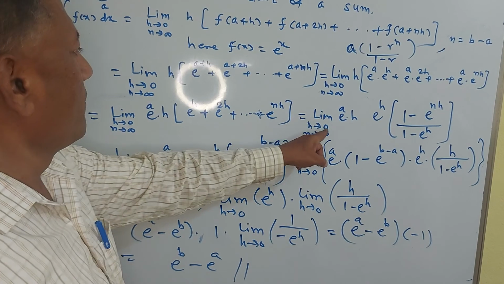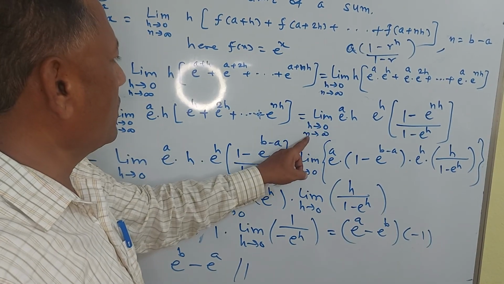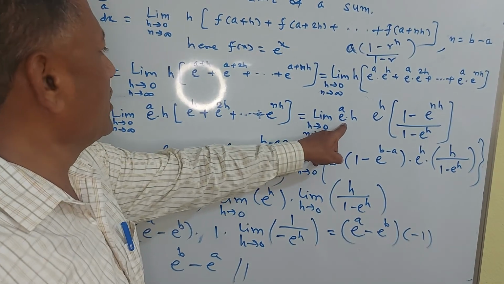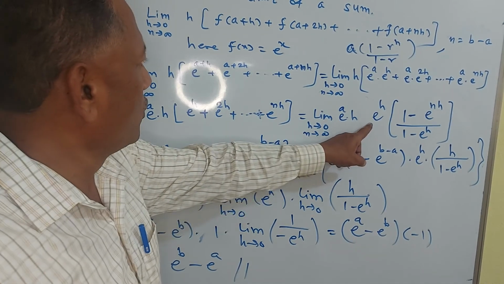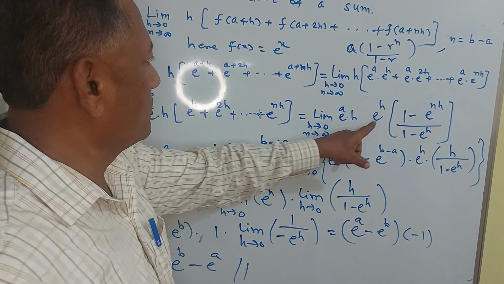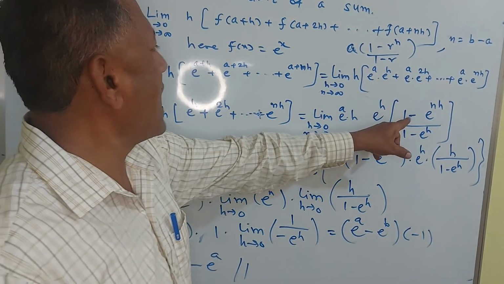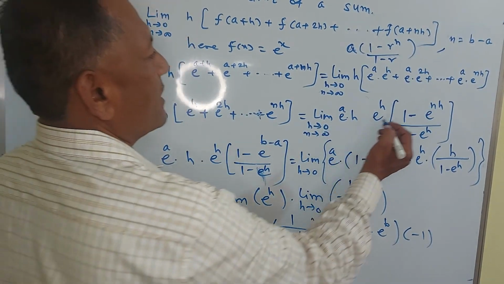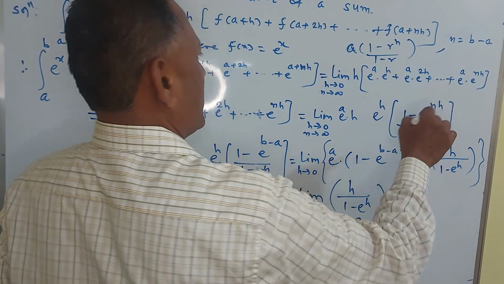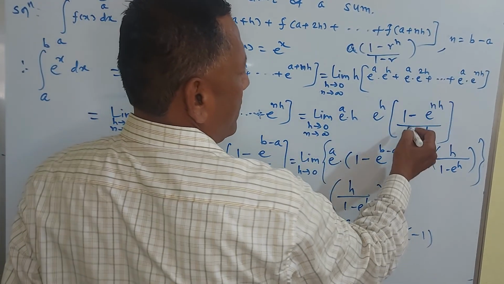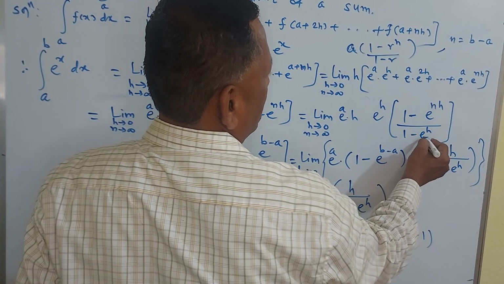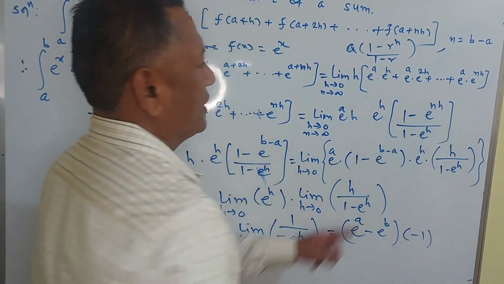Therefore, it is equal to limit as h tends to 0, n tends to infinity, h into e raised to a into a, means e raised to h, first term, into 1 minus r raised to n, where r is the common ratio e raised to h, raised to n means e raised to nh, upon 1 minus r, 1 minus e raised to h.